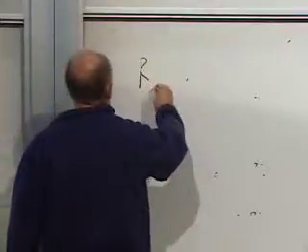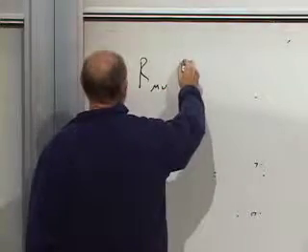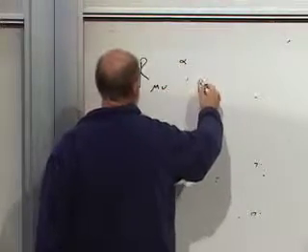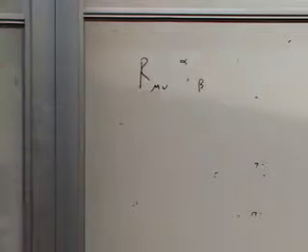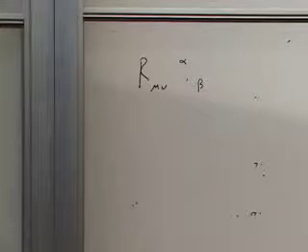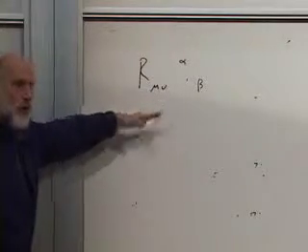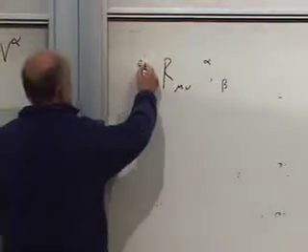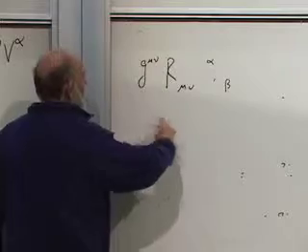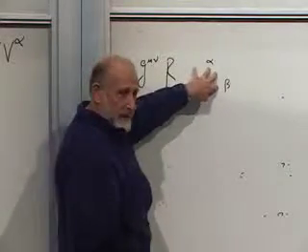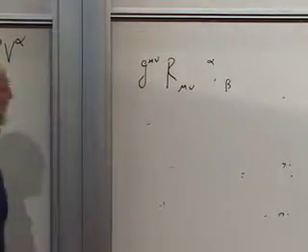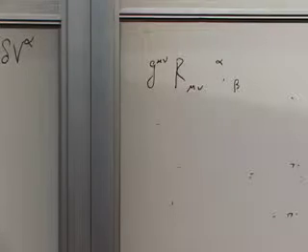Let's take R mu nu alpha beta. In fact, let's take it in that form. Can I contract mu with nu? How would I do that? I would multiply it by g mu nu, and that would give me a thing with just an alpha beta index. This is 0. Does anybody know why this is 0?